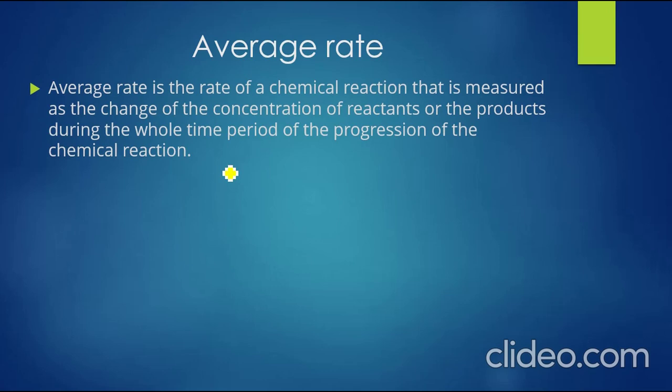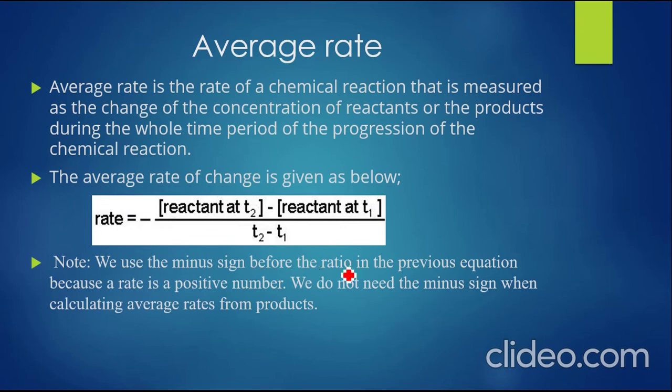Note that we use the minus sign before the ratio in this equation because the average rate is positive. The reason why we add this negative is that from these two reactant values, in case you get a negative, you can multiply with this negative outside so that it gives you a positive, because the average rate is a positive number, not a negative number.